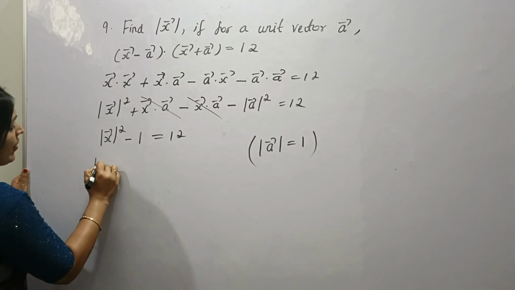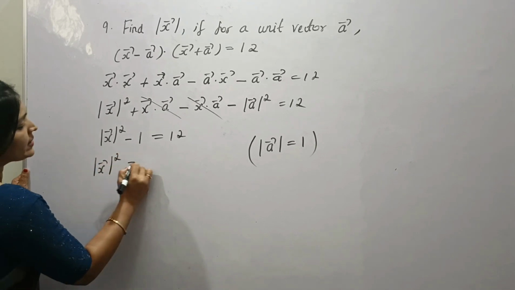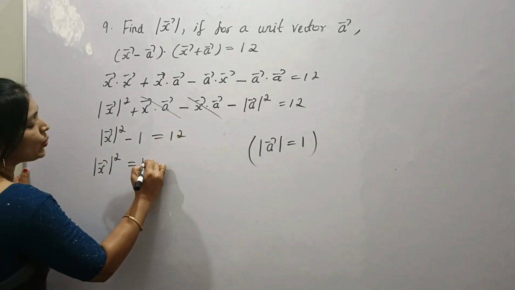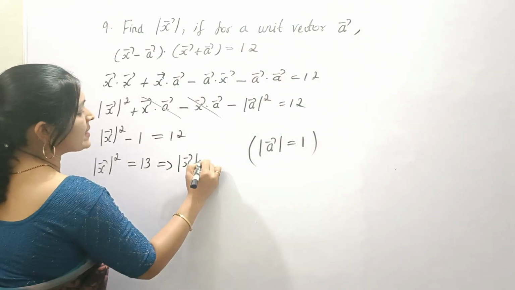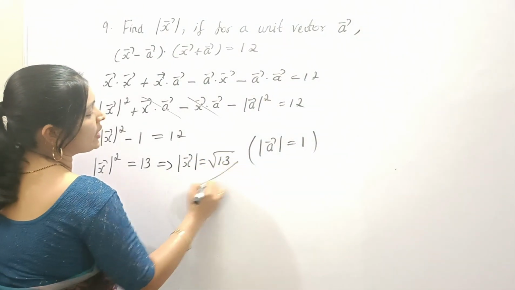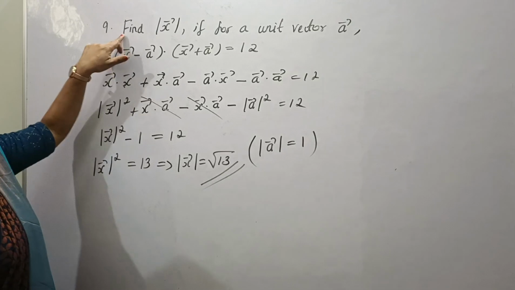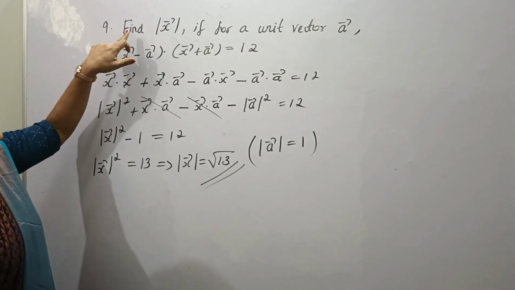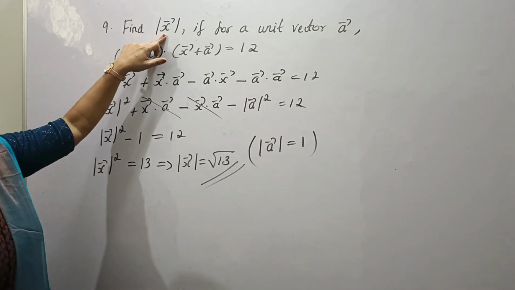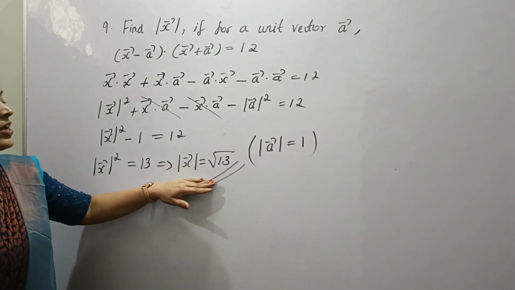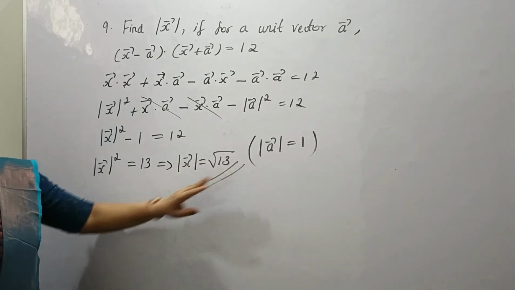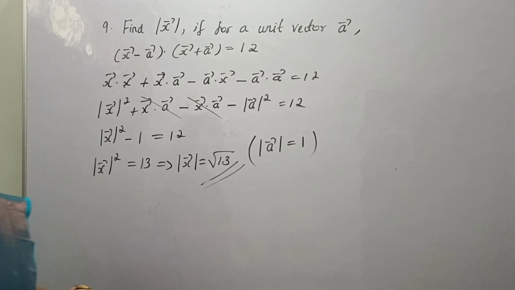So modulus vector x whole square is equal to, take this 1 here, so it is 13. That implies modulus vector x is equal to square root of 13. We have to find the value of modulus vector x. So modulus vector x is equal to square root of 13.